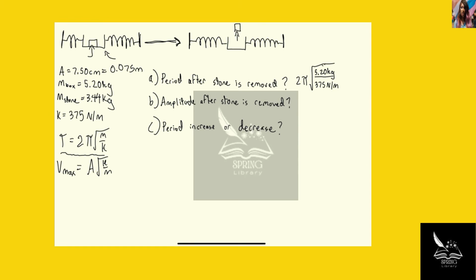After making this calculation, we get that the new period of the system is 0.740 seconds.